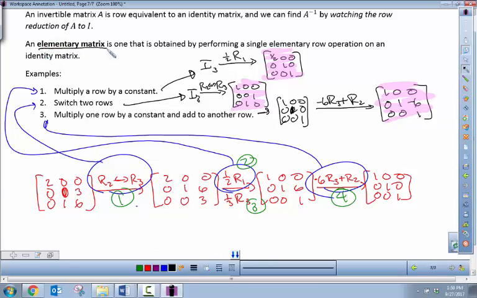These are elementary matrices because they came from the identity and I only did one row operation on them. So what I'm planning to do is multiply these matrices to this to get the identity. Okay? So these are just examples of elementary matrices.